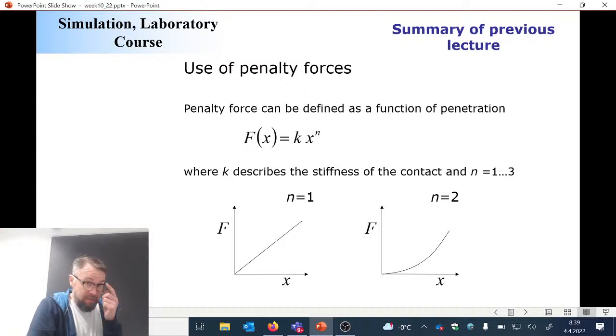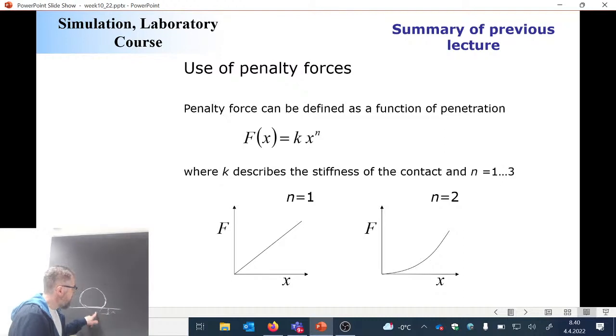Sometimes, actually quite often, there's another component in this equation, and that component is damping. Damping is quite often used because this easily becomes a quite violent situation when you have a force that rapidly pushes the ball away.